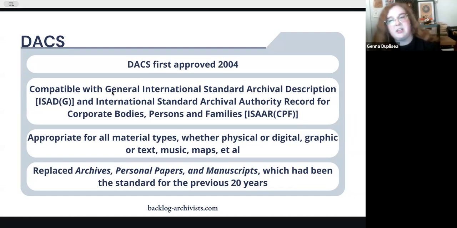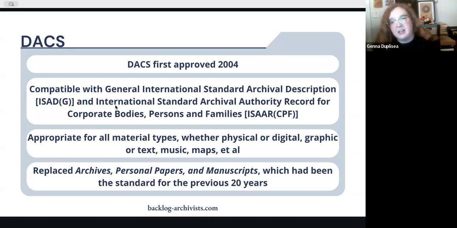So it was first approved in 2004, around the same time that Encoded Archival Description, or EAD, was approved. There were a lot of changes coming around at the turn of the century, and a lot of changes to how we thought about metadata, how we thought about how computers and the internet and linked data could change our information landscape.